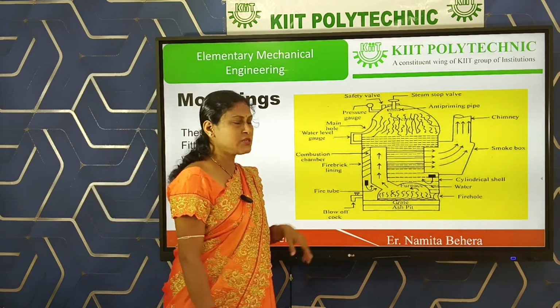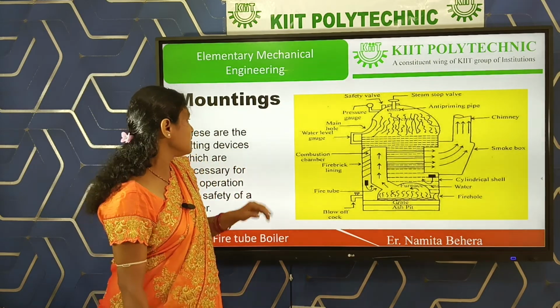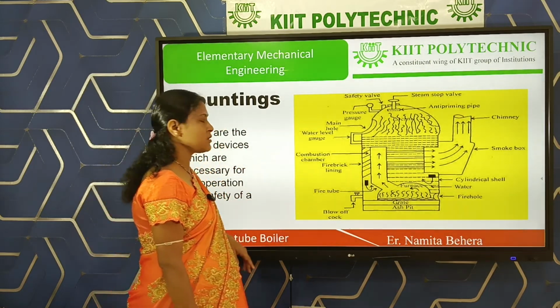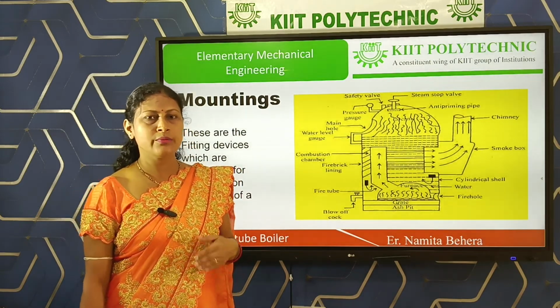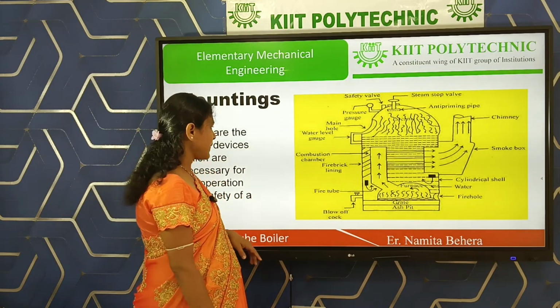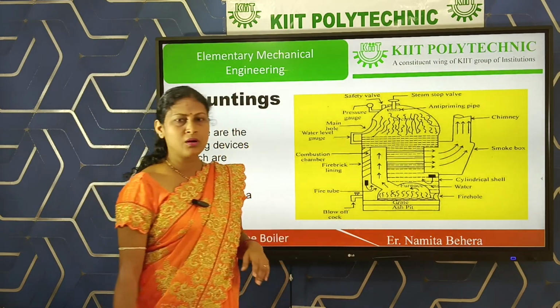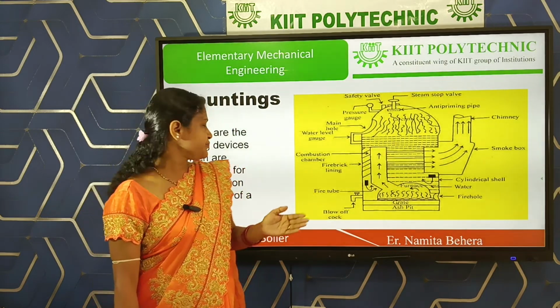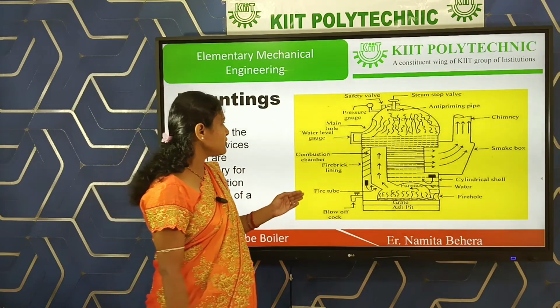Then manholes, which are used for cleaning the boiler. Then the water level indicator, which indicates the level of water whenever it is required. Then blow off cock. Blow off cock is used for emptying or cleaning operations.